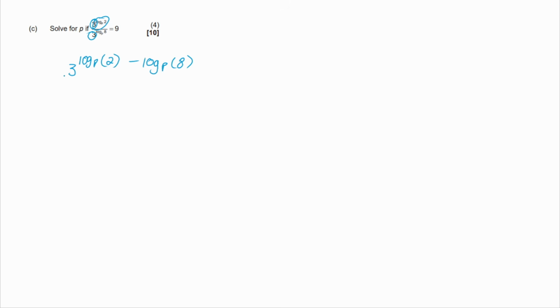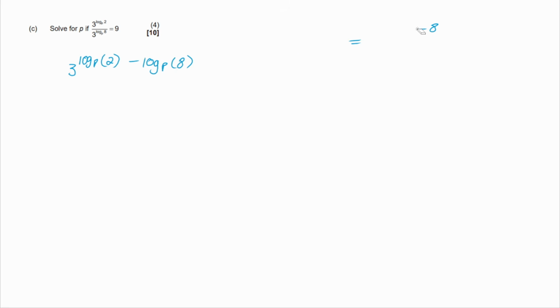So 3 to the power of all of this. This is just our exponent laws, so it's a mix between exponent and log laws here. Just like if we had 3 to the power of 2 divided by 3 to the 8, we can write that as 3 to the power of 2 minus 8. Same thing going on here, right?